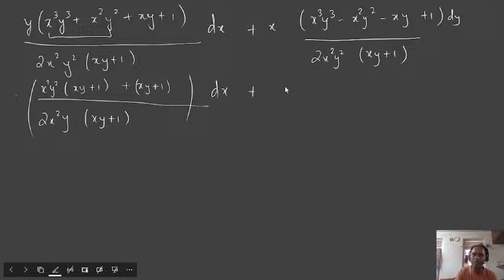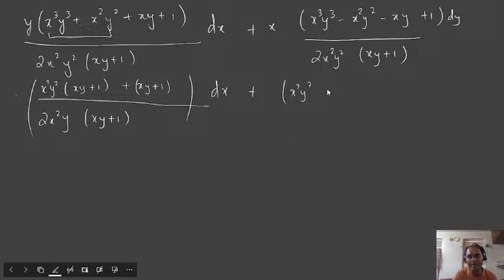Same way here also I can take x square y square common, but then there is this minus sign bothering us. Let us see what happens with that minus sign. If not getting cancelled, it will stay there and something else will get cancelled maybe. So let us see if we can take that way.